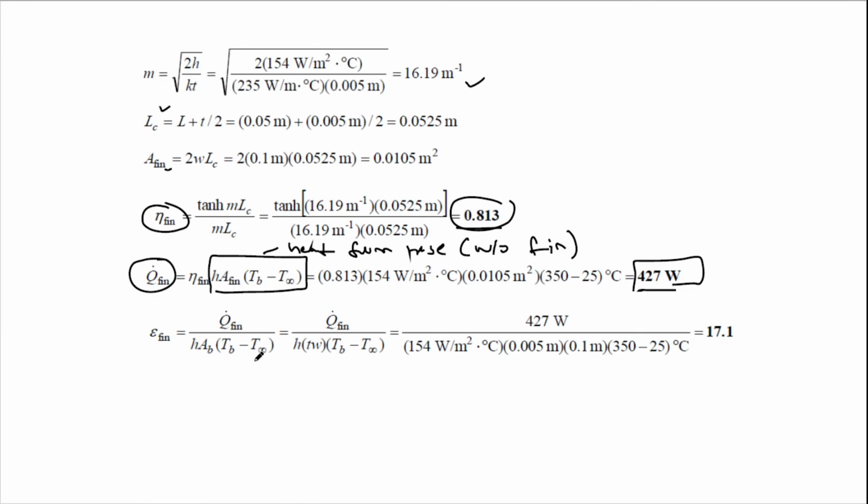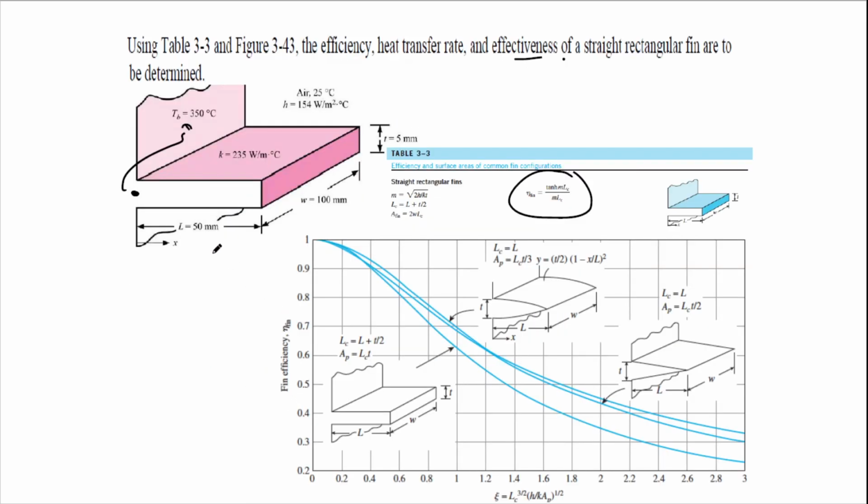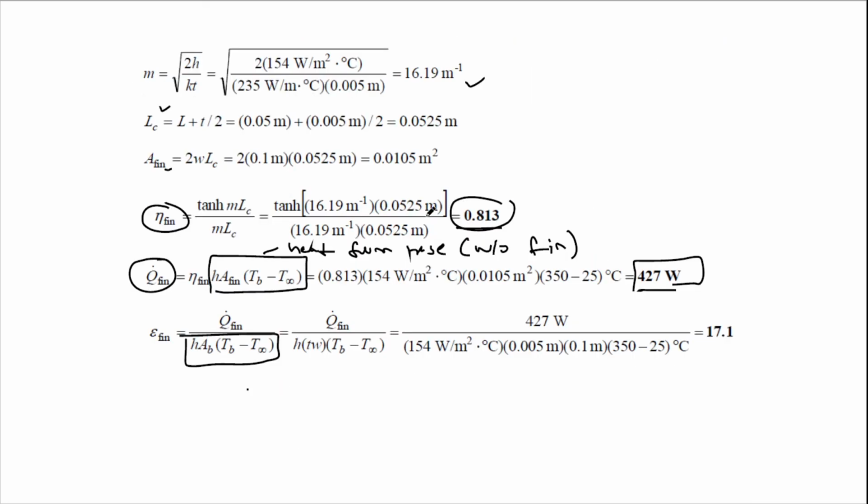This is the equation for effectiveness. AB is the base area of the fin without the fin, the dotted line here. Q fin is your actual divided by your base, and you get an effectiveness of 17.1.